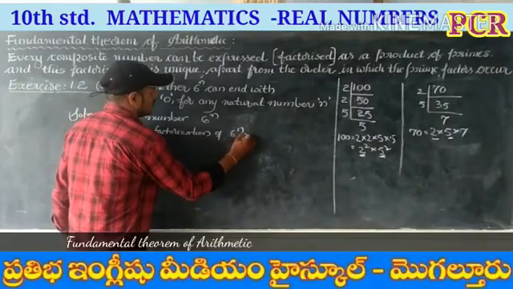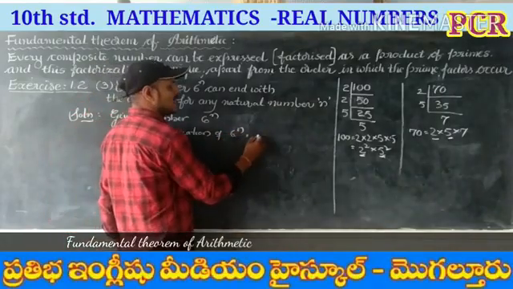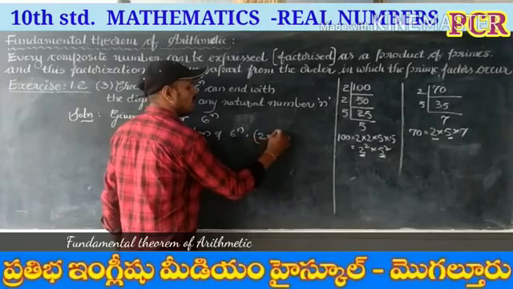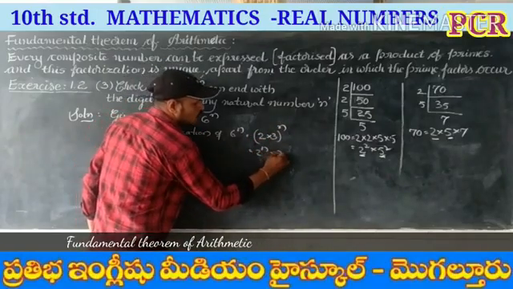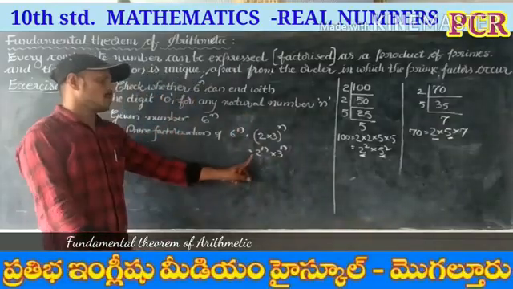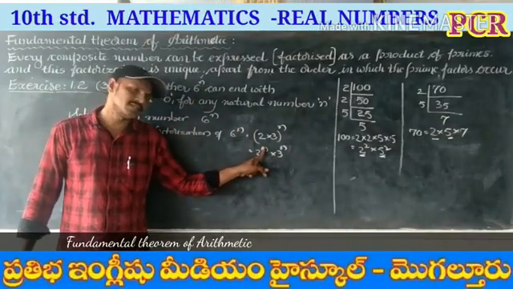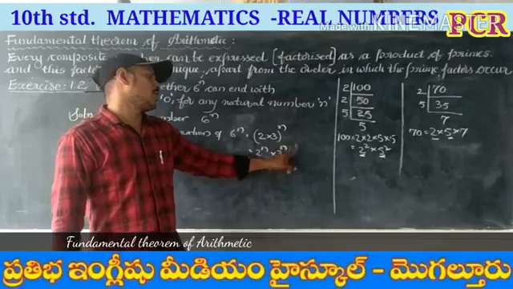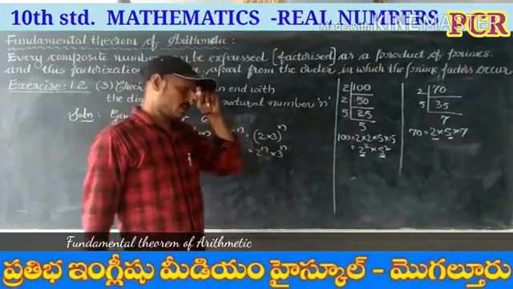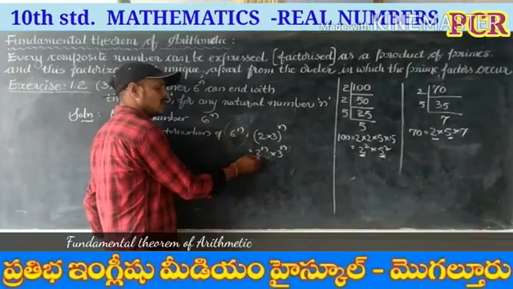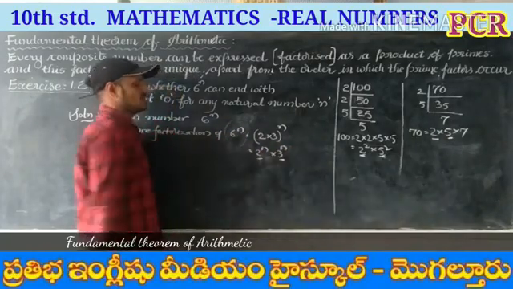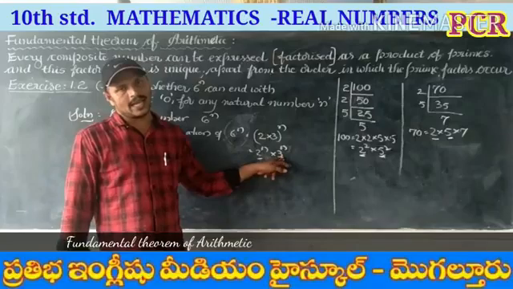Let's do the prime factorization of 6 power n. 6 power n is equal to, you can write the 6 as 2 into 3 whole power n. So that means 2 power n into 3 power n. That means 2 into 2 into 2, n times, and 3 into 3 into 3, n times. So in the prime factorization of 6 power n, there are only two prime factors, 2 and 3.